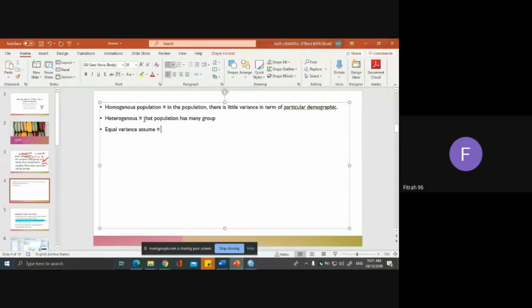Equal variance assume, okay, tahu Levene's in independent t-test kan? You have seen before. Equal variance assume meaning that the particular participants have equal size. Maksudnya kalau contoh katalah you want to do a study at the penthouse.